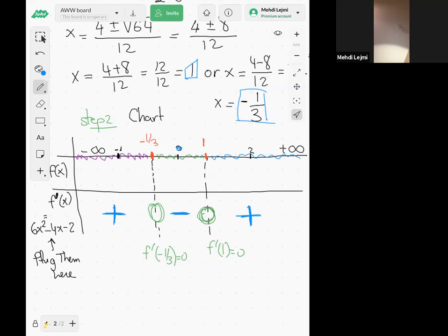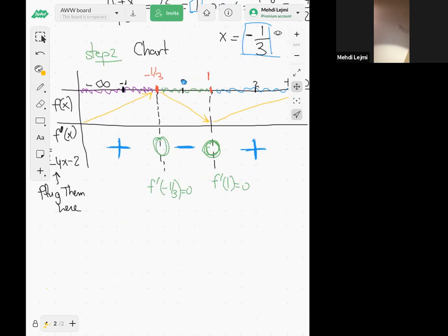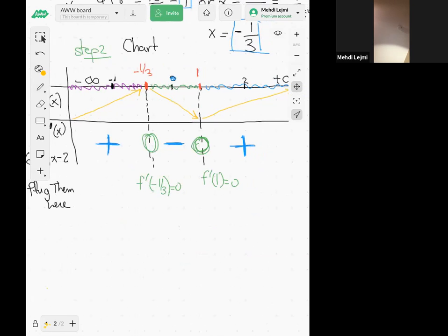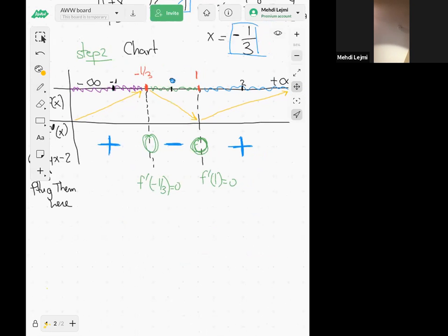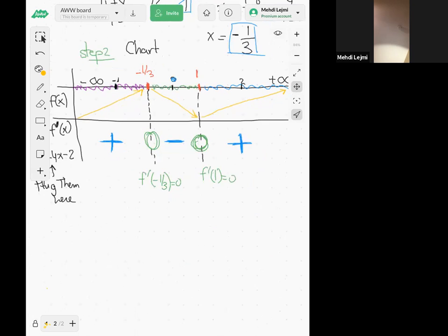Now, on the first interval, the derivative is positive, so my function f is increasing here. And then it's negative, so it's decreasing. And then the derivative is positive again, so the function is increasing. So yes, as Ibrahima said, the answer to the question is the following.